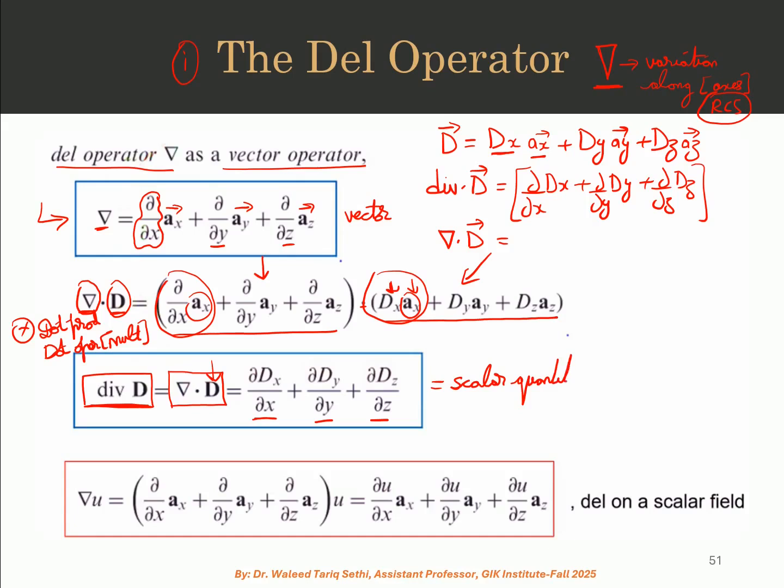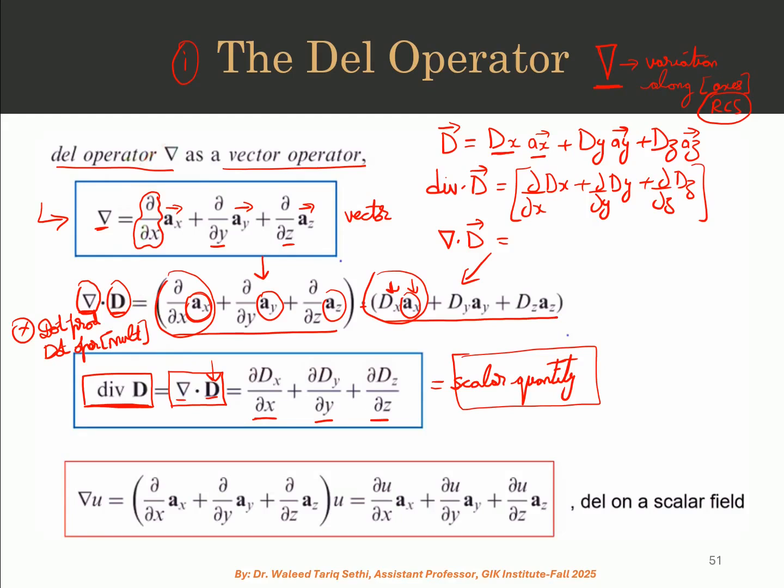Both the vector D and the del operator were vector quantities, because they had the unit components ax, ay and az. But when you multiplied these together, the output of the del operator operation, or divergence, is a scalar quantity. It is similar to saying that when we took the dot product of two vectors, we got a scalar at the output. It is the same thing.